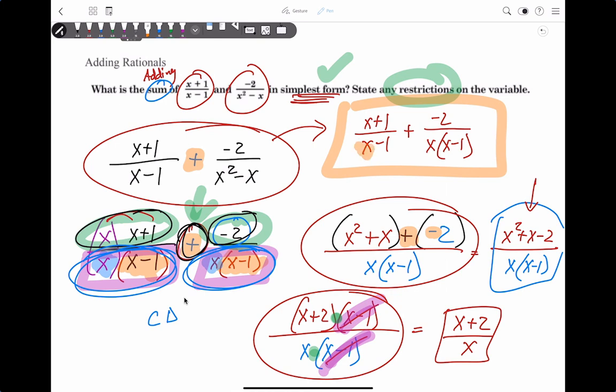I know x cannot equal 1 here because it would make this denominator 0. Just the same here. X cannot equal 1 because it would make this 0, which would make the whole fraction here equal to 0. Okay? So x cannot equal 1. Let's go ahead and write that. X cannot equal 1. And then this one right here, x cannot equal 0. These are my restrictions.